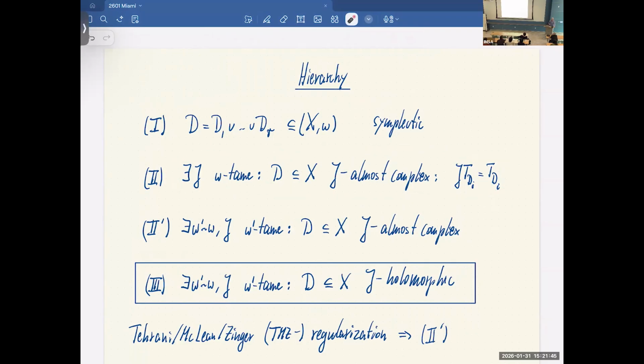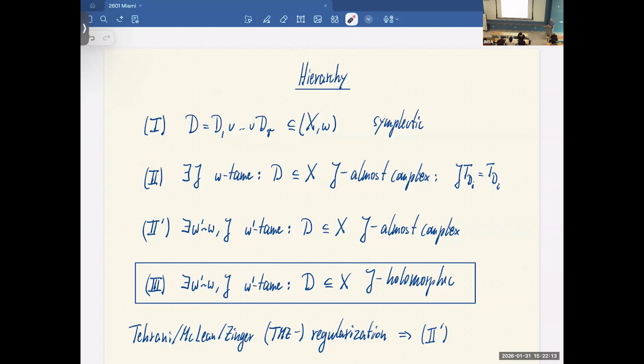It's actually unclear to me if that is known or not. Curiously, Tehrani, McLean, Zinger have this wonderful and involved work where they prove that this can be done after perturbation, but I didn't ask them what they found. I think this is in some way maybe still not known.